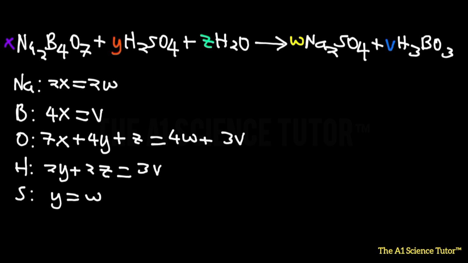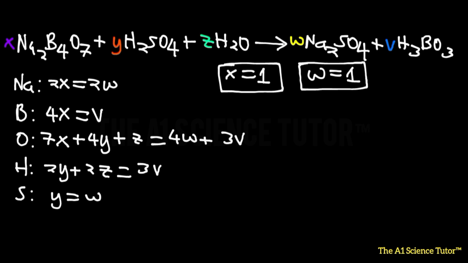Now as usual, we know that from this point, you can actually set X to be equal to 1. And if I set X to be equal to 1, I could actually use this first equation to find W. So that means W will still be equal to 1.